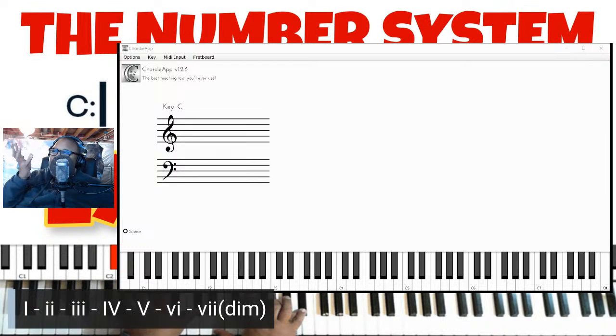Probably 9 times out of 10, it's because in their mind they already have the song mapped out in numbers. No matter what key it's in, they just ask, what's the progression? That's one of my favorite reasons for using it.